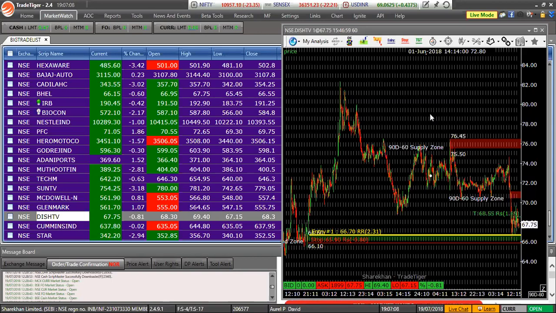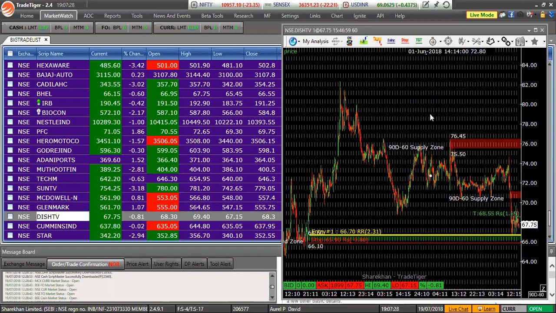Since looking at very low time frame charts really does not help with options trading, looking at maybe a 60-minute chart or a 75-minute chart would be ideal for swing trading. I used to use 60-minute charts earlier, but nowadays I have started in certain cases using 75-minute charts for my swing trading.